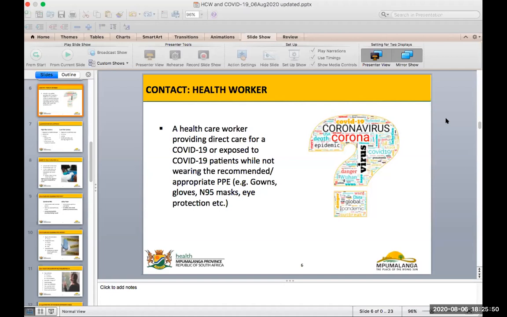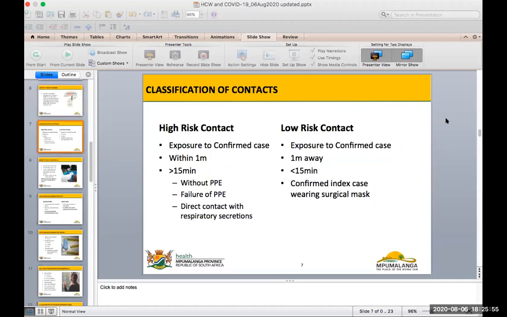So we need to adhere to these guidelines and definitions so that we can help each other. A contact is further subclassified into high risk and low risk. High risk is a healthcare worker who has been exposed to a confirmed case within 1 meter of distance and spending more than 15 minutes with the case, not wearing full PPE, or wearing PPE that has failed or is poorly worn, or having direct contact with respiratory secretions. Whereas low risk is the opposite.